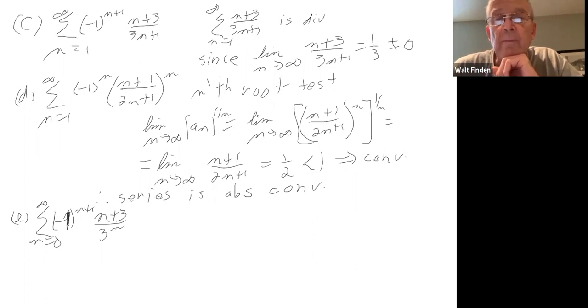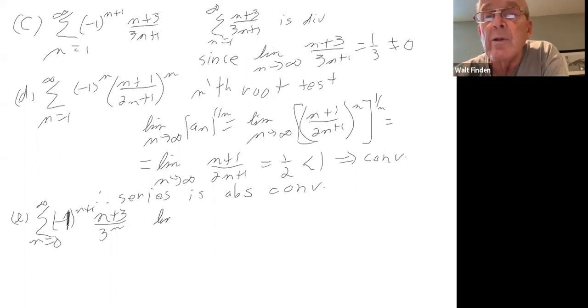I see a polynomial divided by a geometric type factor, an exponential. And so if I drop the minus signs, we will be using the ratio test. Polynomials over geometric factors like to use the ratio test.